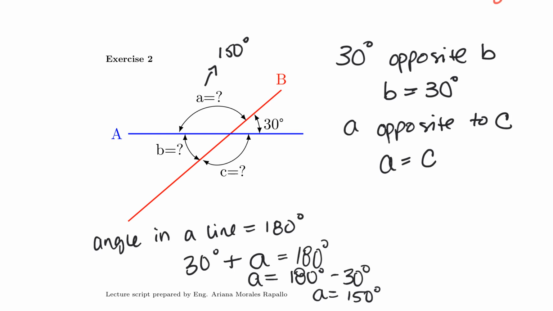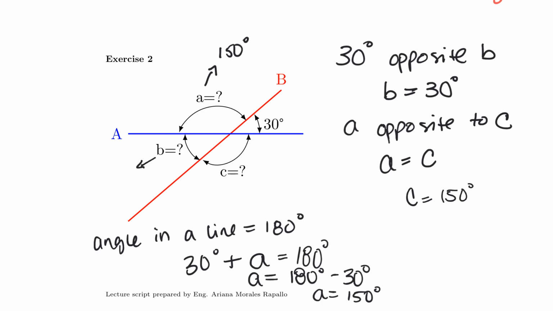And going back to our first statement here, we already know that B is equal to 30 because B is opposite to 30. You see, 30 is adjacent to A and opposite to B. We can also see that A is opposite to C, which means that A is equal to C. Therefore, we already know the value of C. C is equal to 150 degrees.